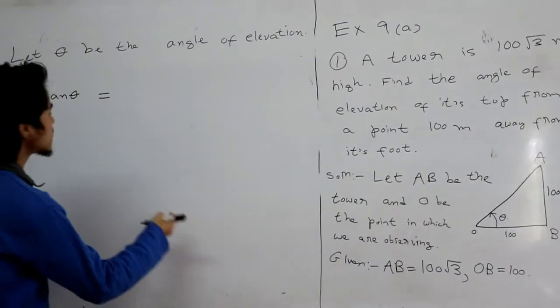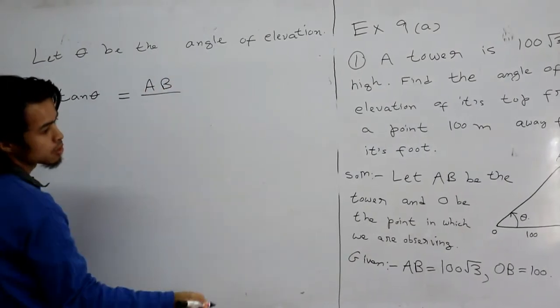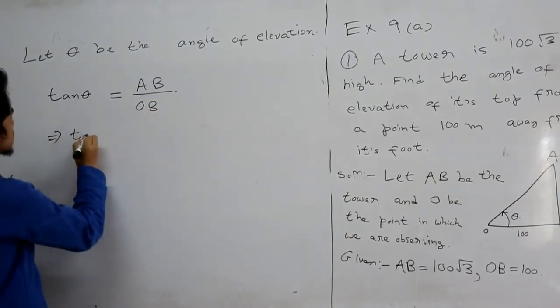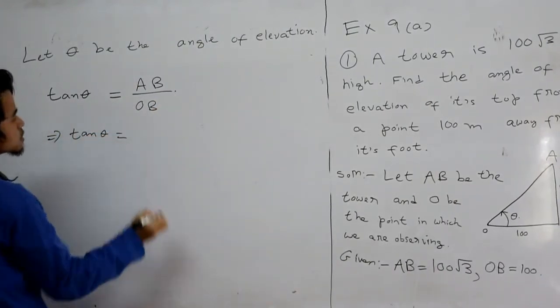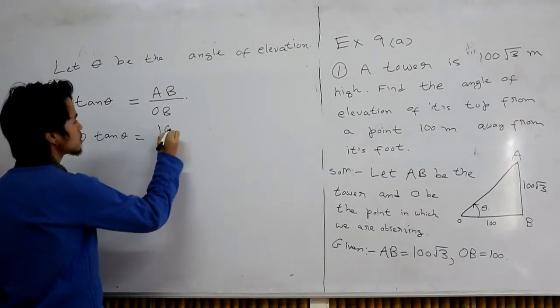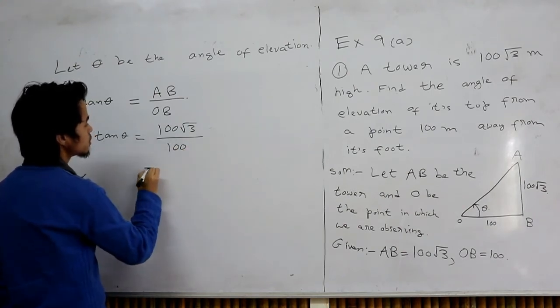So we have tan theta is perpendicular by base, so it means we'll have AB by OB, which implies tan of theta is equal to AB, which is 100√3, by OB, which is 100.